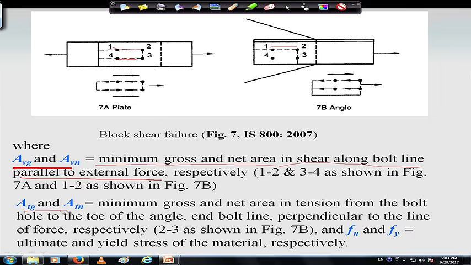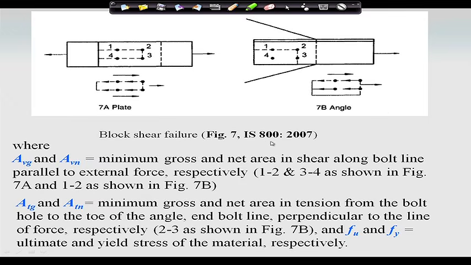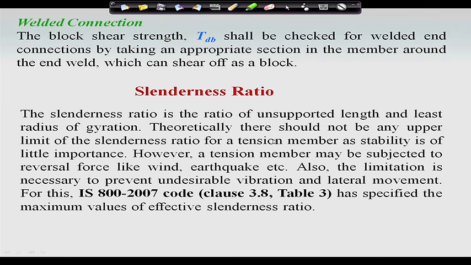And ATG and ATN will be the minimum gross and net area in tension from the bolt hole to the toe of the angle, that means the end bolt line perpendicular to the line of force, respectively. That means 2, 3 as shown in the figure. And Fu and Fy have their usual meaning. So, this is how we can calculate AVG, AVN, ATG, ATN, and then the block shear TDB.